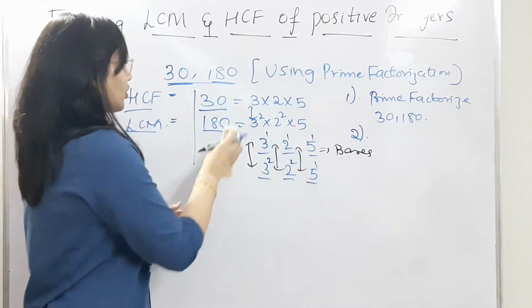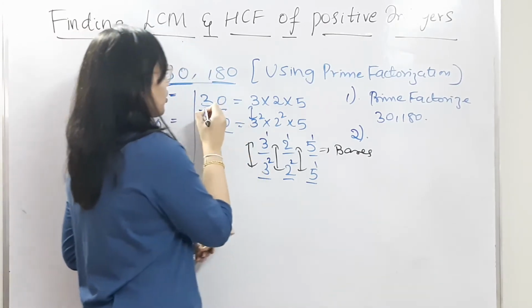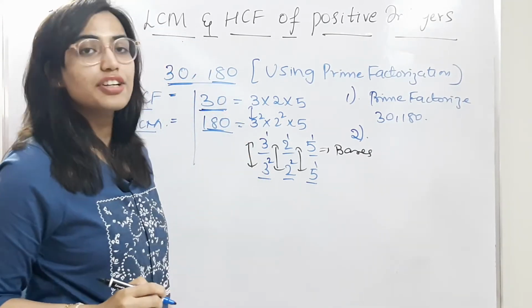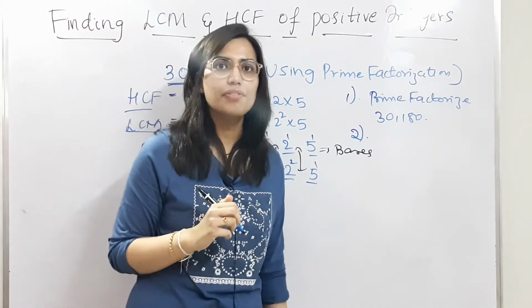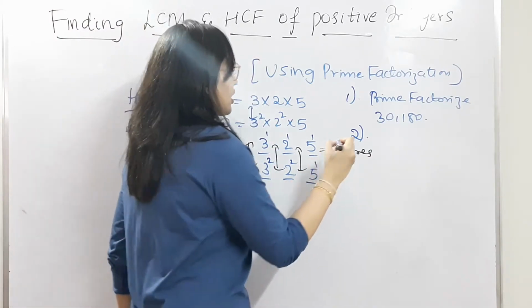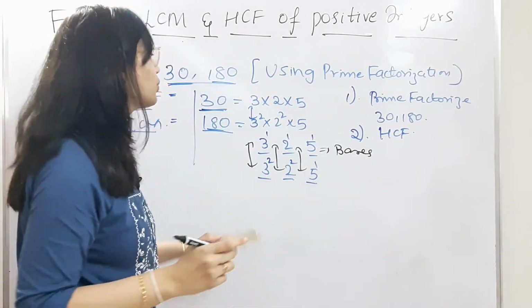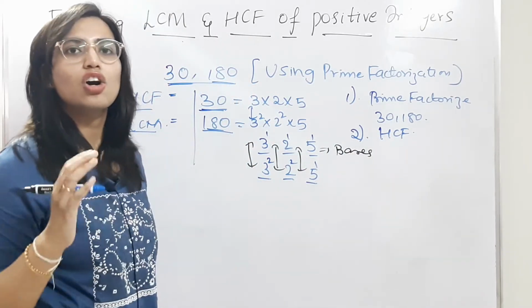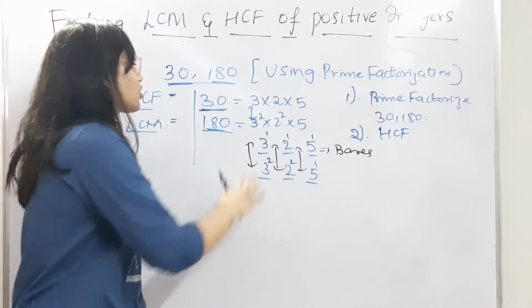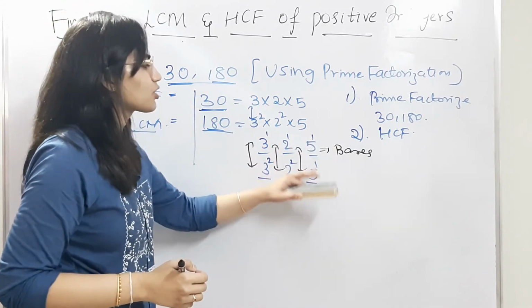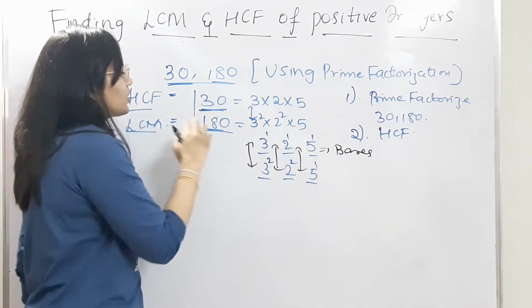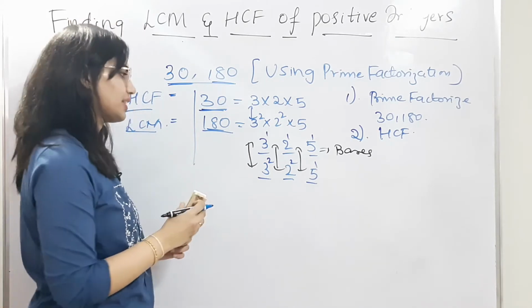So now that we've got the prime factorization of 30 and 180, let's try to find the HCF of 2 numbers. How to find the HCF of 2 numbers? The first thing is you need to identify what are the common factors, that is common numbers, in this case common bases between these 2 numbers.